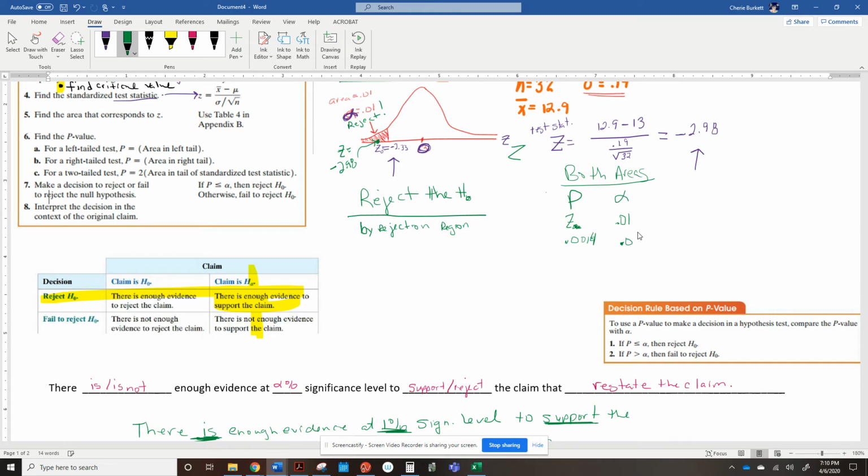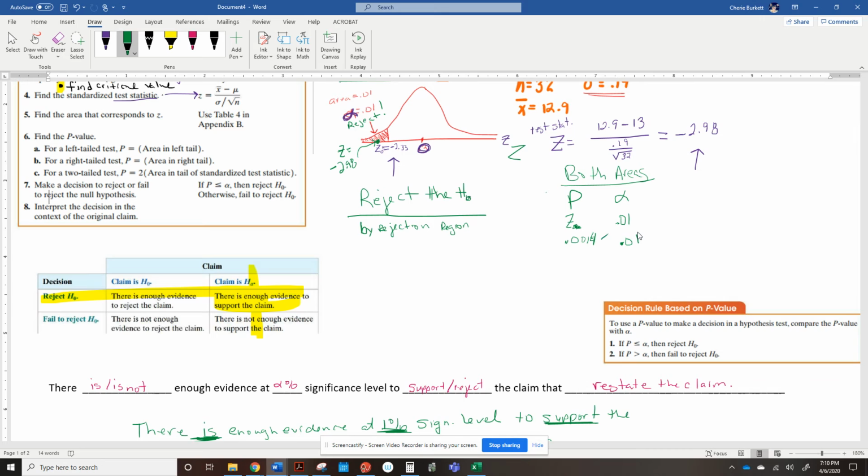Now we have to read this. This number right here, 0.0014, is that smaller or bigger than 0.01? If you compare it, there's a zero right there, zero right there, zero in the second place, one in the second place. Zero is smaller than the one, so this number is smaller than that number. So how do we write smaller?